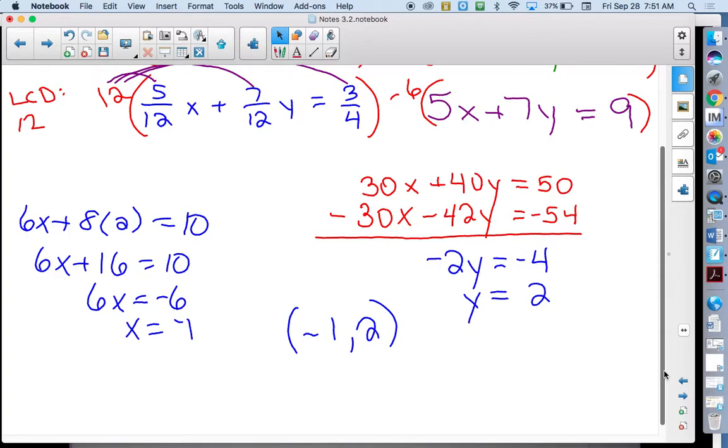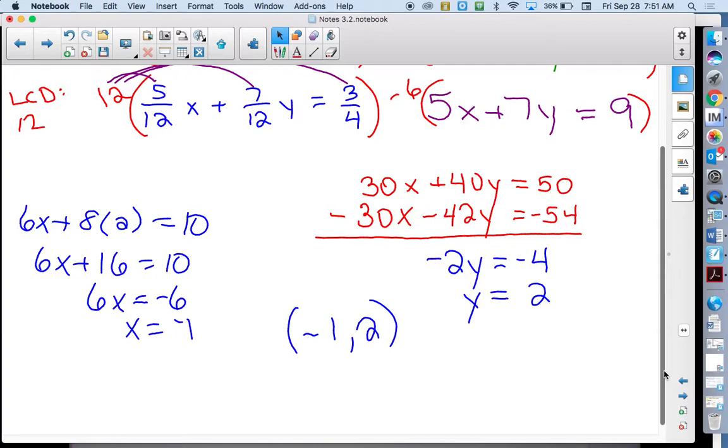I know it looks daunting with all those fractions, but that would be an awesome honors level question on a test. Maybe not regular algebra 2. Honors, fair game. It's kind of what separates you. You get the more challenging problems. Same concepts, just a little more interesting. Questions?